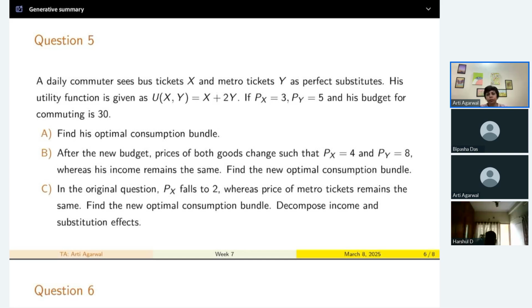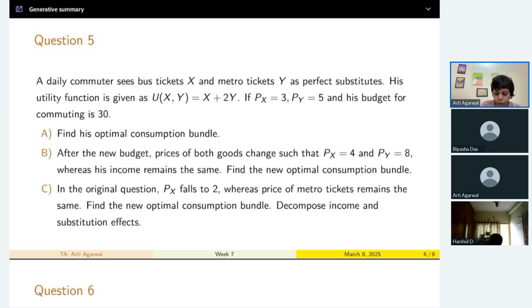In part C, we will find the new optimal consumption bundle, and we will decompose income and substitution effect. So part A, I'll solve. Part B, I will leave it to you. You can solve this. It's pretty simple.